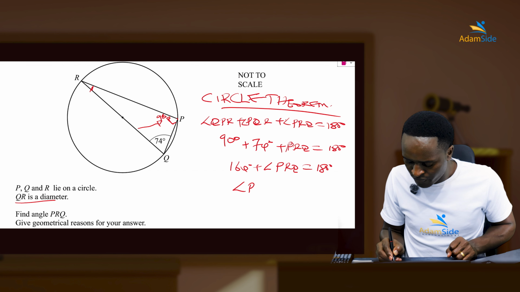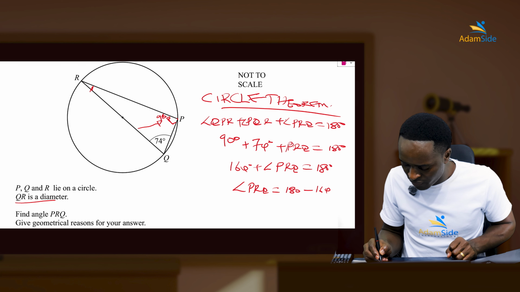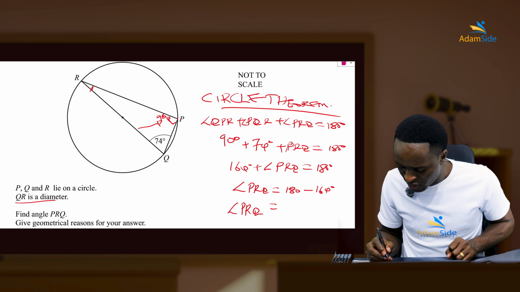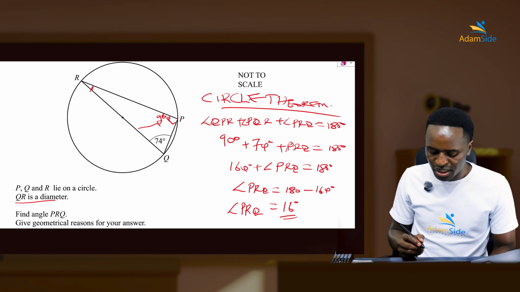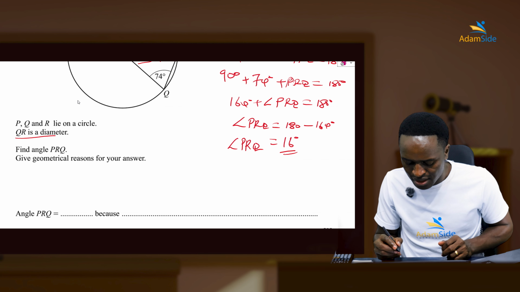So angle PRQ is equal to 180 minus 164 degrees, which is 16 degrees. So we end up getting our answer as 16 degrees.